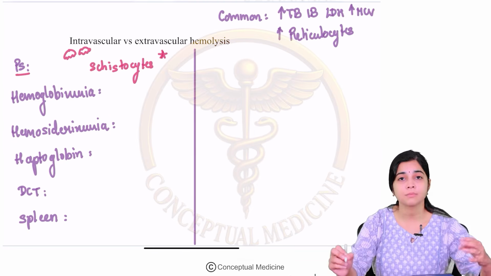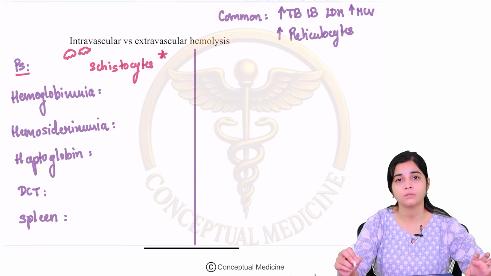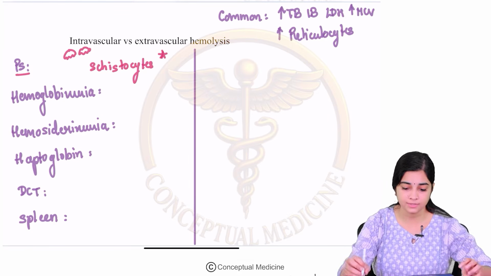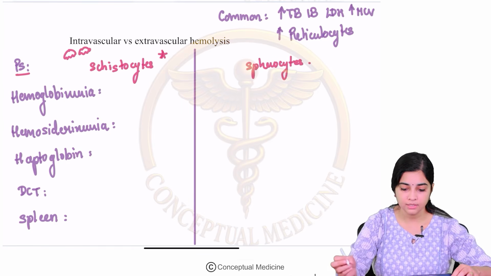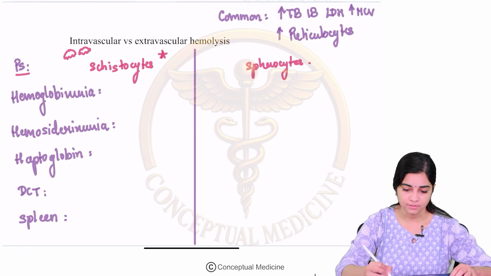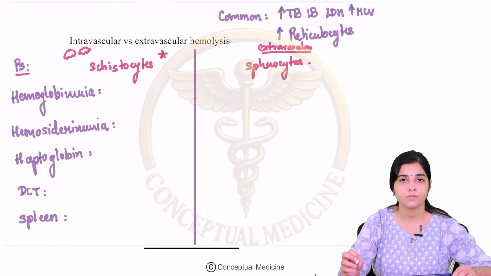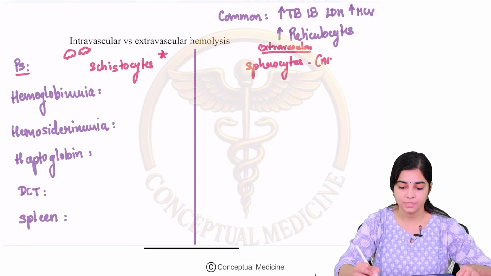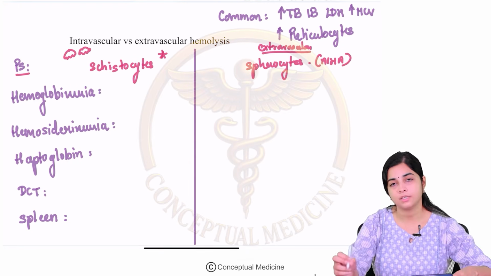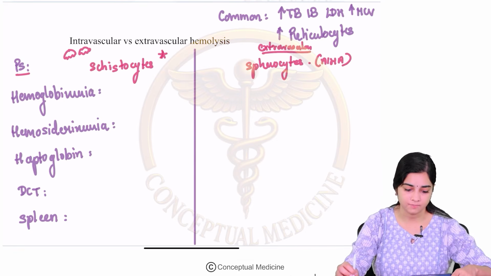So you will have broken down RBCs, which are called schistocytes, whereas you may find the evidence of spherocytes in the extravascular hemolysis. Okay, so remember, spherocytes are not found only in hereditary spherocytosis. They can be found in any form of extravascular hemolysis, including AIHA.